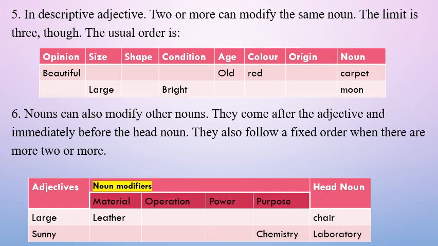And the usual order, they must follow an order. You have the opinion, followed by size, shape, condition, age, color, origin, and finally the noun. And in our lecture, we will give examples of these adjectives when you have more than one adjective and you put them in the order.